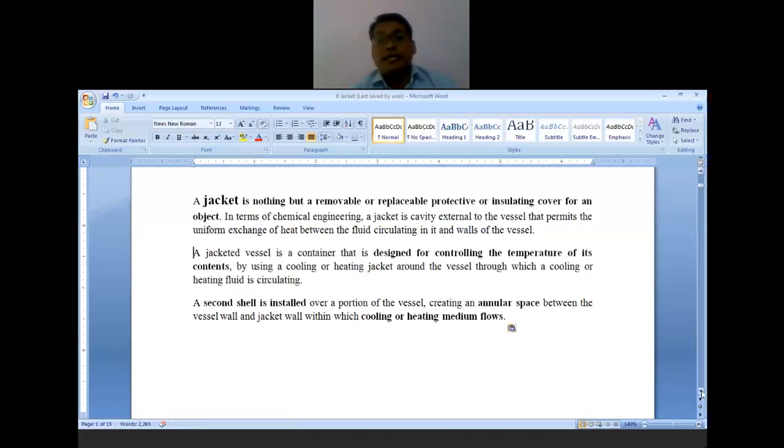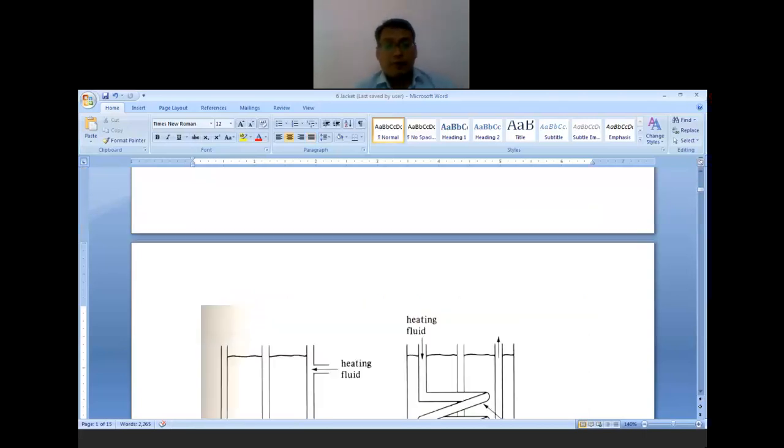That means to our basic vessel where the reaction is carried out, you are putting another shell, and that creates a cavity where the heating fluid will be circulated. Means in between the wall of the vessel and the jacket wall there is an annulus that will be available.